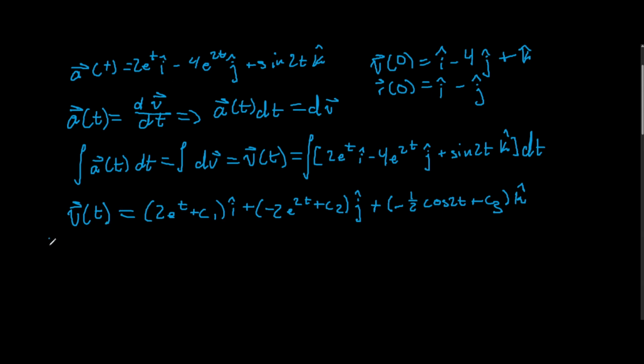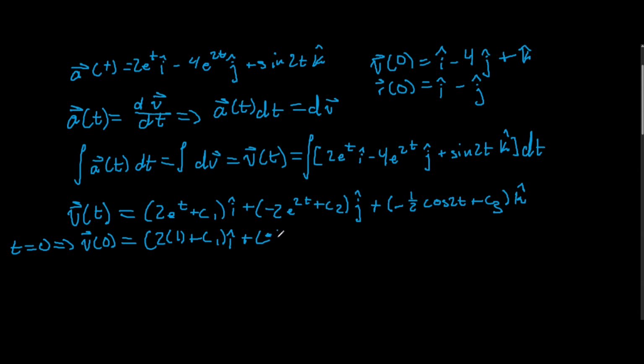So if the time is 0, so t equals 0, then v at 0 equals 2 times 1, because anything to the power of 0 is 1, plus that constant in the i direction, plus another, the 2 here doesn't matter anymore because they're multiplied by 0. So this is e to the power of 0, which is 1 again.